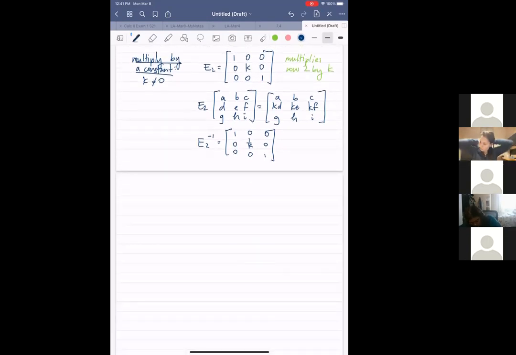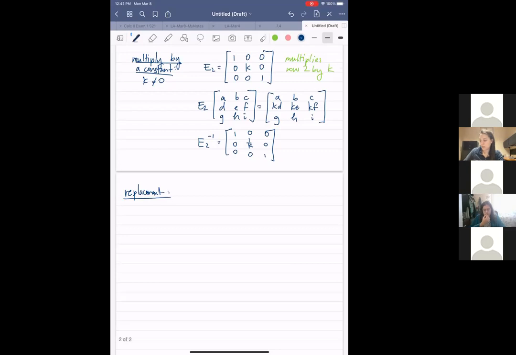Okay. And then the last one is, of course, the most complicated row operation, and this is replacement, right? This is where we take one row and we replace it with that row plus a constant times another row.